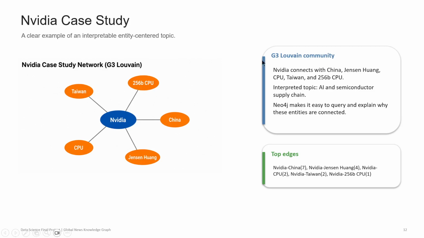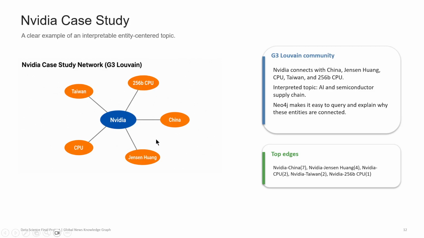We select NVIDIA because it's a central entity in AI and semiconductor news. In the G3-driven results, NVIDIA is connected to China, Jensen Huang, CPU, Taiwan, and more. These relations are meaningful. NVIDIA and China reflect the connection between AI chips and geopolitical technology competition.